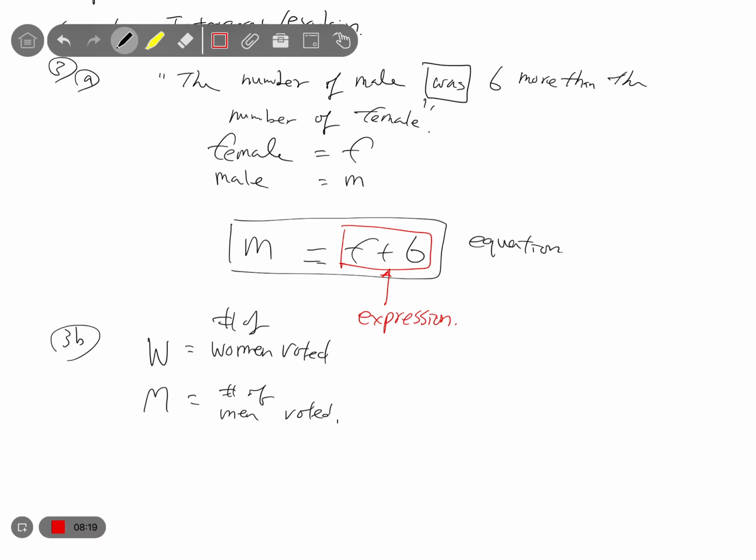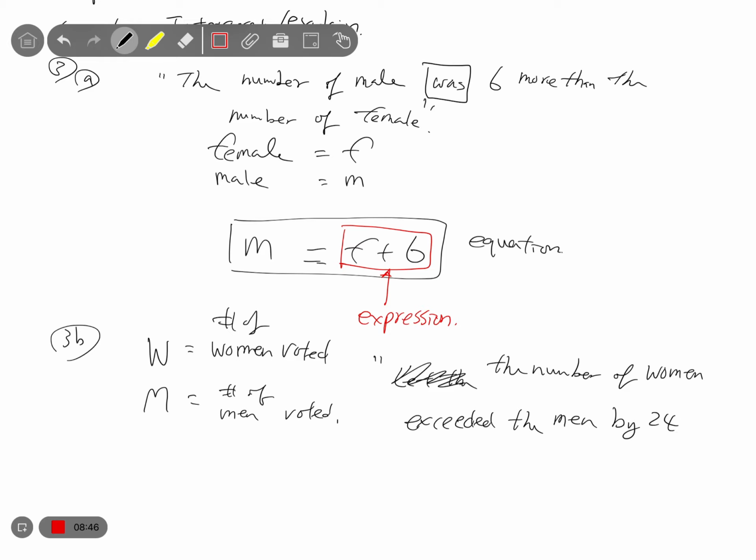All right, and from here, notice we've got our labels down, so let's go ahead and look at the information. The information we're going to look for here is: the number of women exceeded the men by 246.